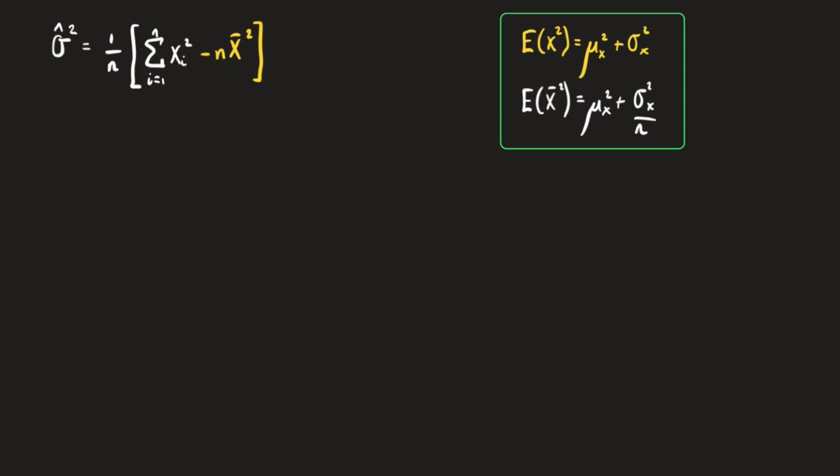Now if this is an unbiased estimator, then remember the expectation of this sigma hat squared would be equal to the true population variance. So we're going to need to take expectations of our sigma hat squared, which is going to be the same as the expectation of 1 over n times by the sum from i equals 1 to n of xi squared minus n lots of x bar squared.